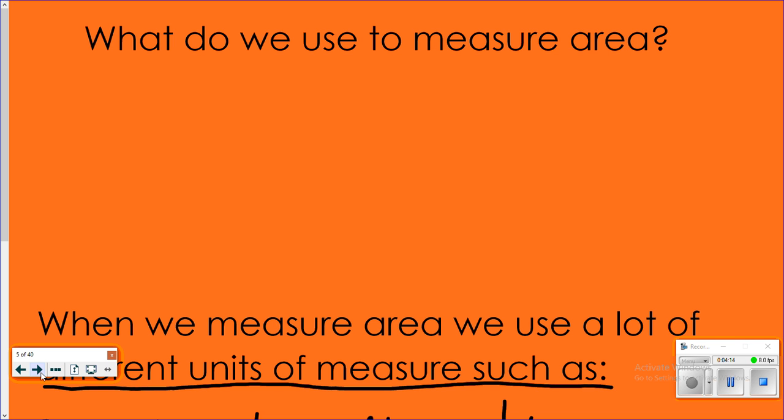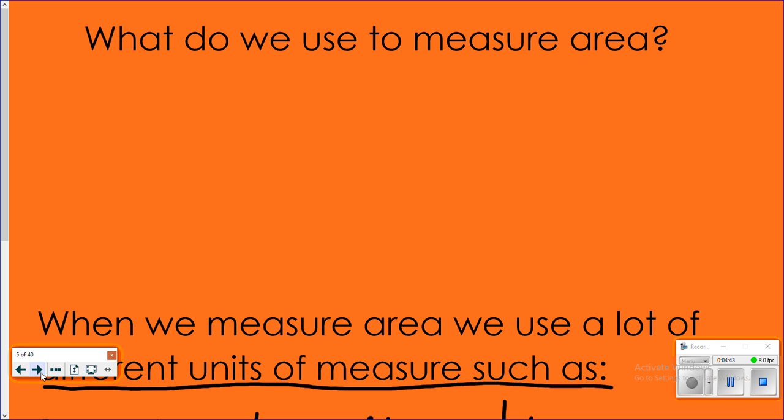Could you measure how much water or sugar to put in a mix? Yeah, that's measuring. So, what would be a unit that I could use to measure something? Brandon? Yards.